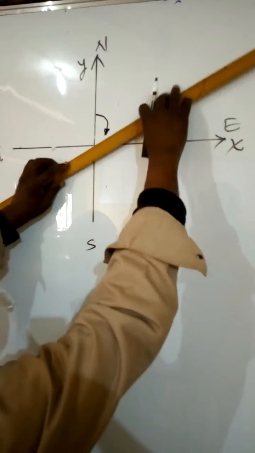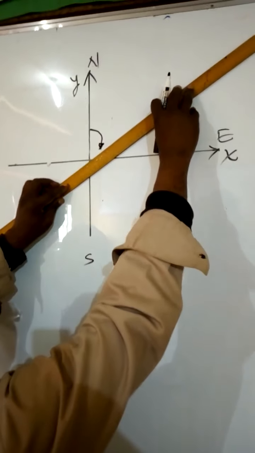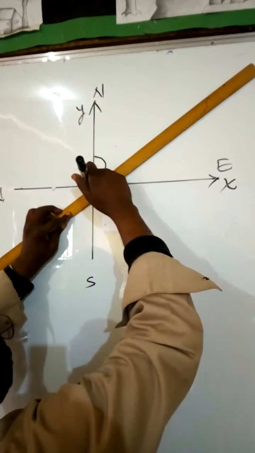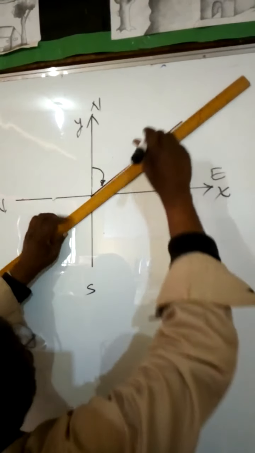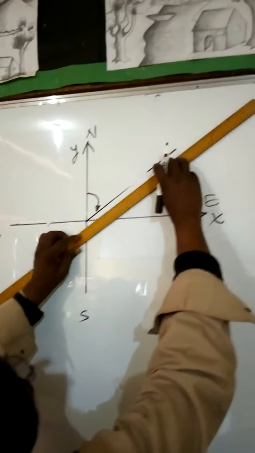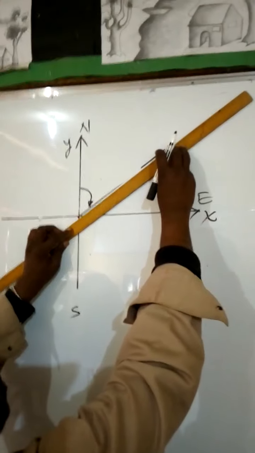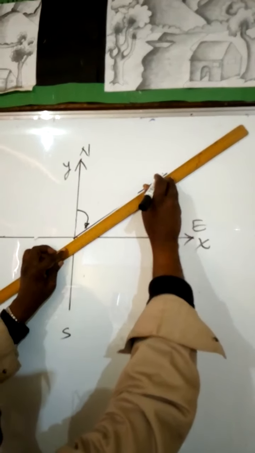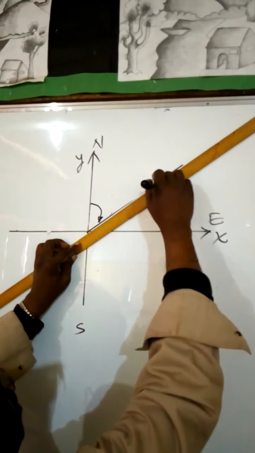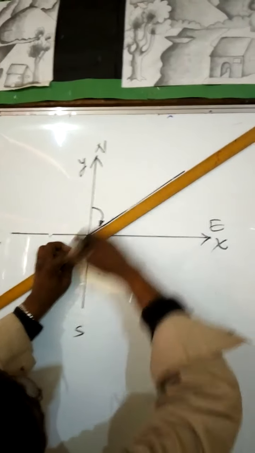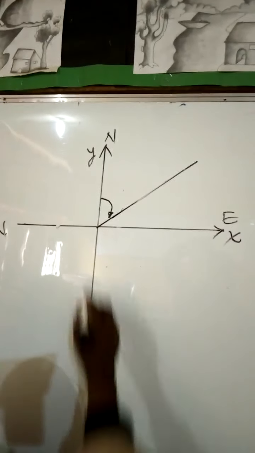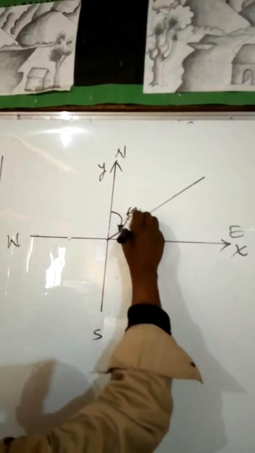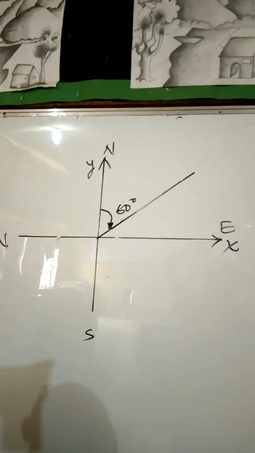So we draw the direction of the line of action of the force. We draw it from the origin. So this is 60 degrees measured from the north.